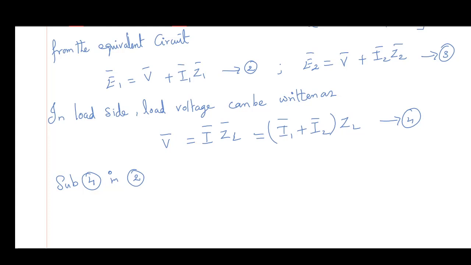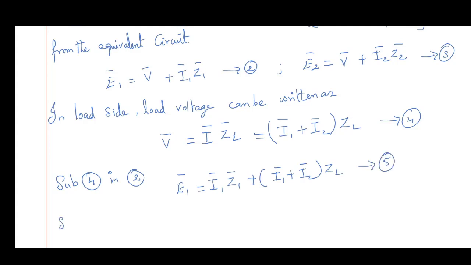You will get E1 vector is equal to I1 vector Z1 vector plus I1 vector plus I2 vector into ZL. Take that as equation 5.